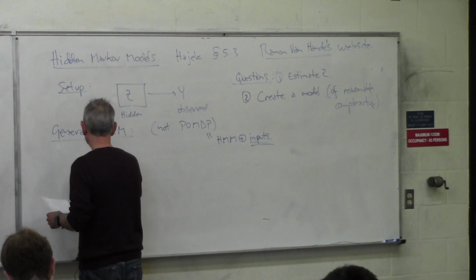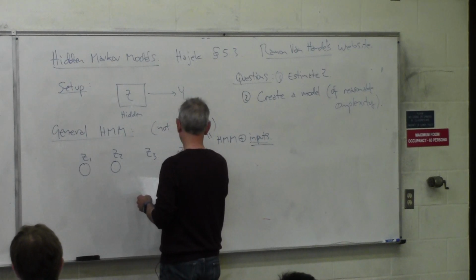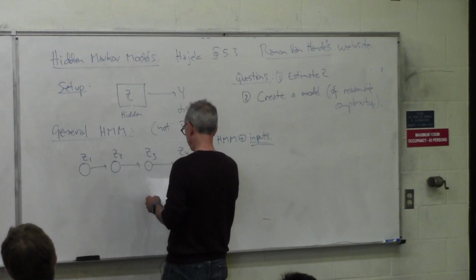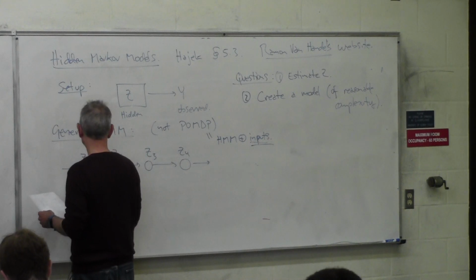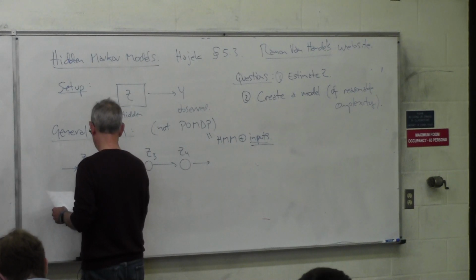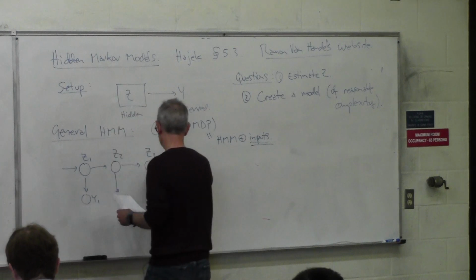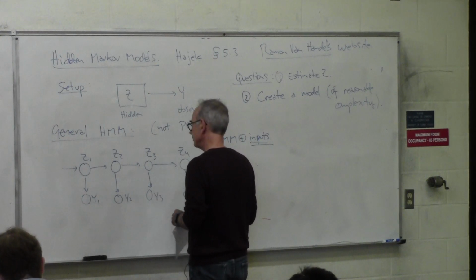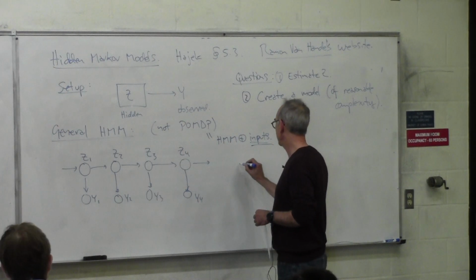I've got Z as a sequence. This is supposed to represent a dependency structure. So it's an example of a Bayesian network.